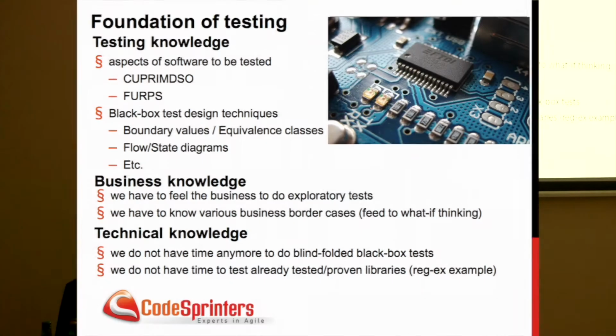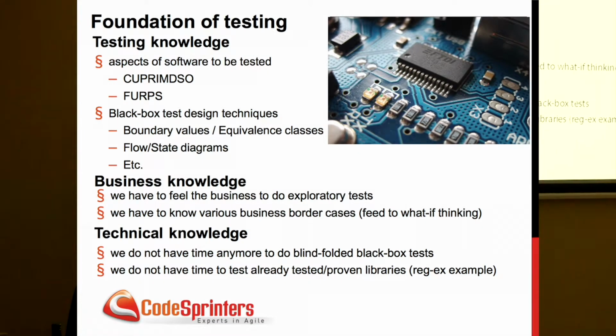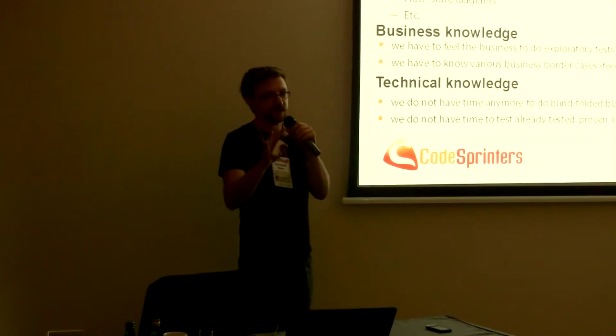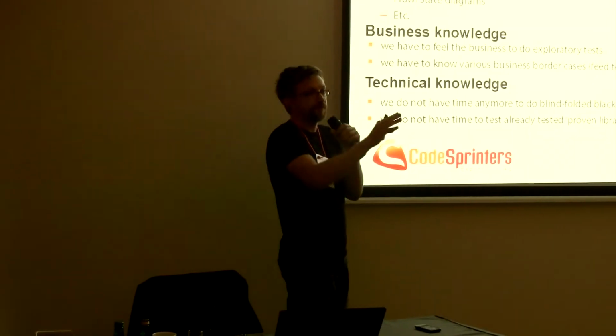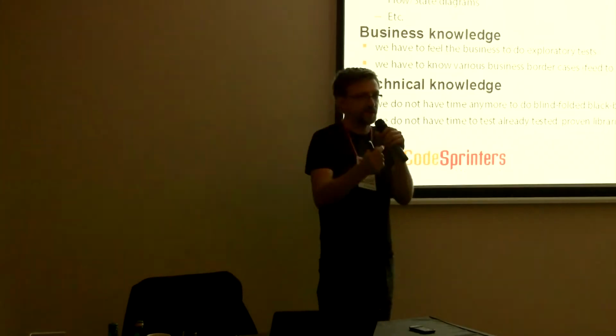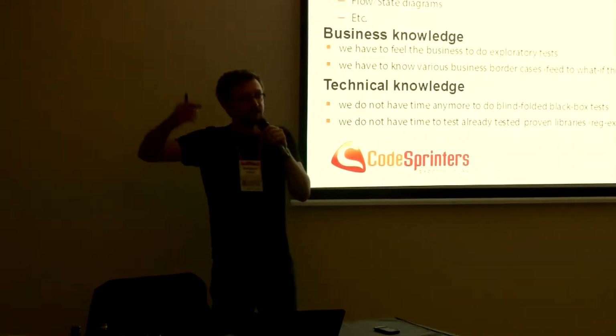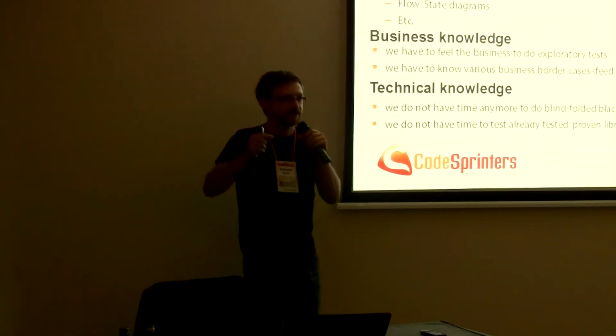First of all, I'd like to talk about things that actually did not change, that are still valid even though we moved from classical environment to more Agile environment. The software has exactly the same aspects as it had previously. We still need to take care about usability, performance, reliability, serviceability, maintainability, portability, and so on. These things did not change.